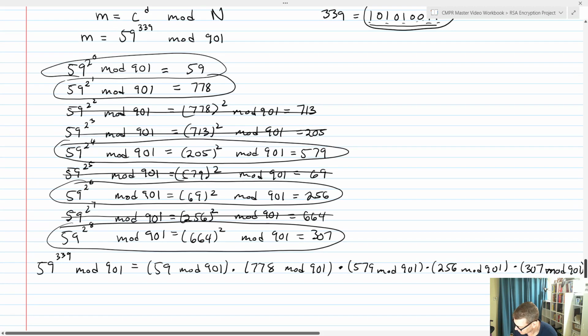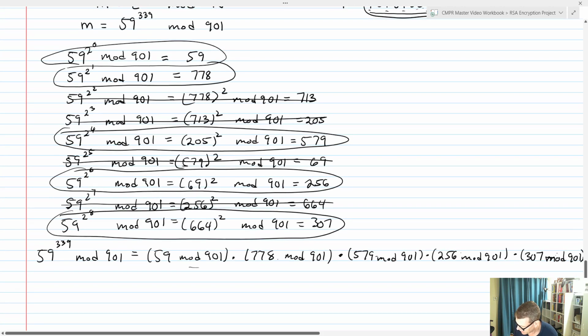Ta-da! There we go. 1, 2, 3, 4, 5. Let's just check to make sure that those are the right 5. Yep, those are the right 5.